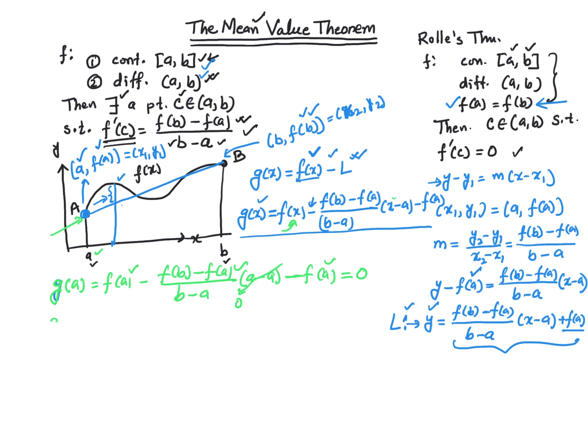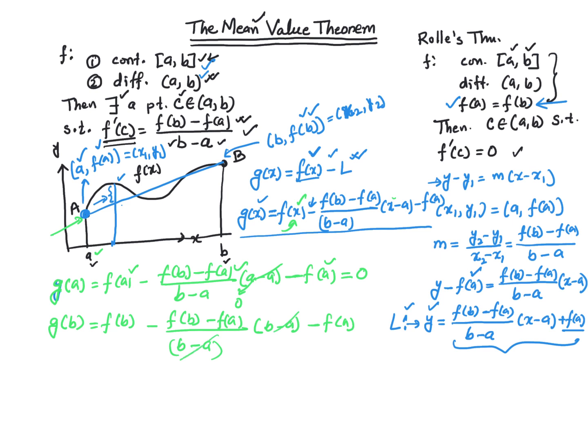So how about g(b)? Let's try this. I'm just going to replace x with b, so it's going to be f(b) minus (f(b) minus f(a)) divided by (b minus a), times (b minus a), minus f(a). And b minus a is going to cancel out.